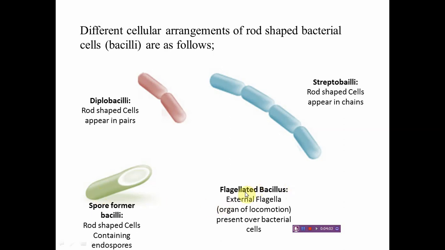Sometimes the bacilli are flagellated as their surface is covered by flagella, which is a hair-like projection. External hair-like projection, which is a dedicated organ of locomotion. If it is present outside the cell, then the bacilli are called as flagellated bacilli. Example is E. coli or Salmonella.